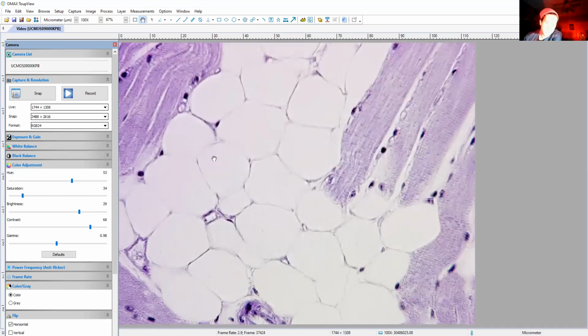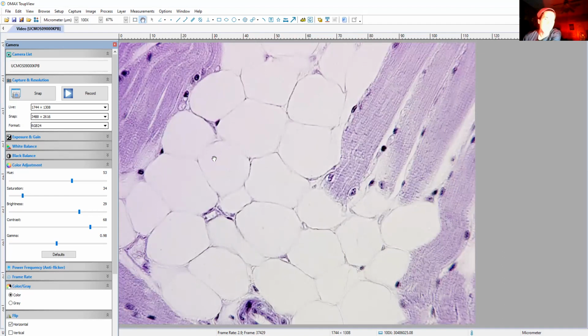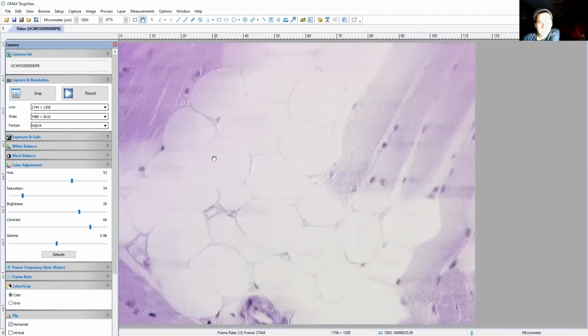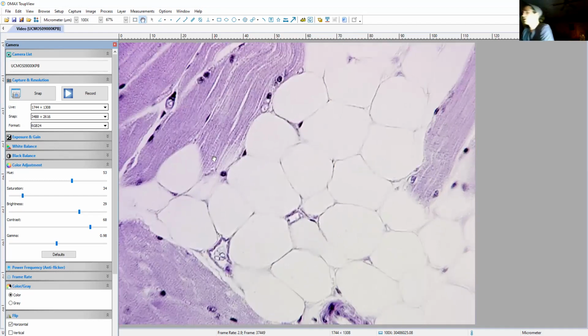This is kind of embarrassing. This slide was from some tissue that included some fat. So what you're seeing here is some adipose tissue.